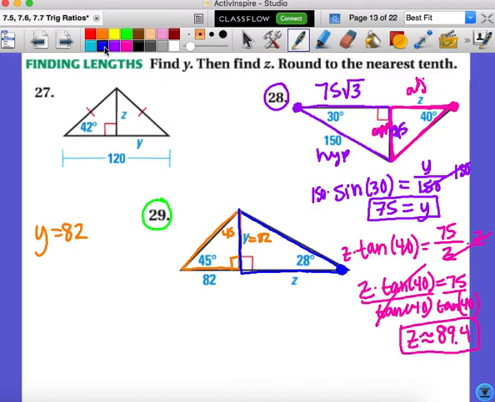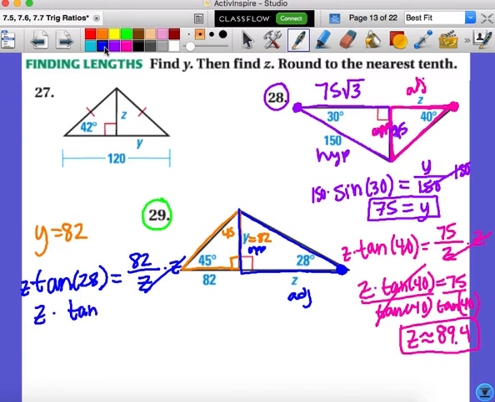Looking from our viewing eye of 28 degrees, we have our adjacent and our opposite. So opposite and adjacent is tangent. So tangent from 28 tells me that I have 82 over z. Multiply by that denominator. I now have z times the tangent of 28 equals 82.